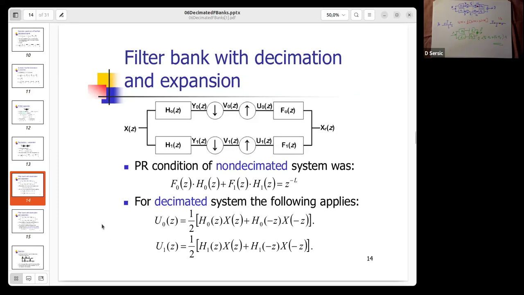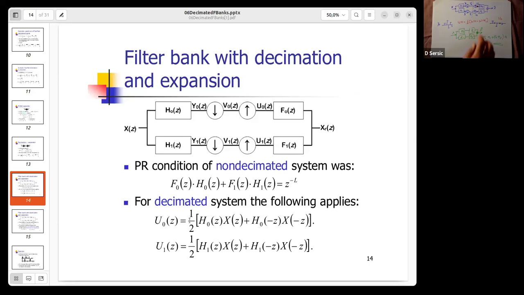Okay, but what do we have now? We have more job to do. So let's express for the beginning U0. U0 is everything from the left-hand side, H0 times X, plus H0 of minus Z times X of minus Z. We have to add them together and multiply by 1/2.